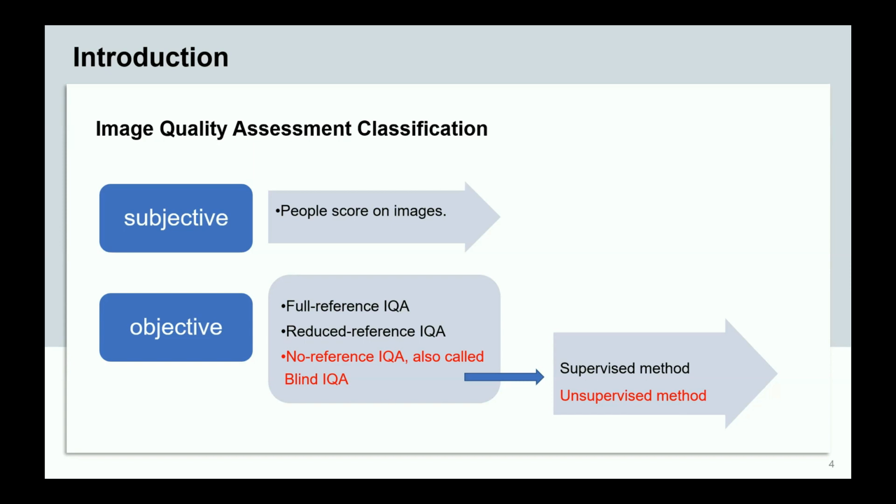In full reference and reduced reference IQA methods, the need for the original image as a reference limits the practical use. On the contrary, the BIQA methods do not have such strict requirements for model fitting and evaluation. What's more, BIQA can be divided into supervised and unsupervised models.